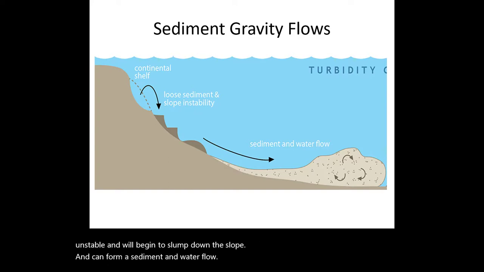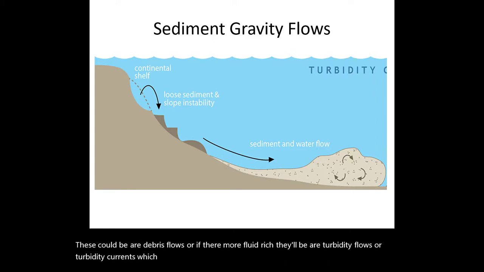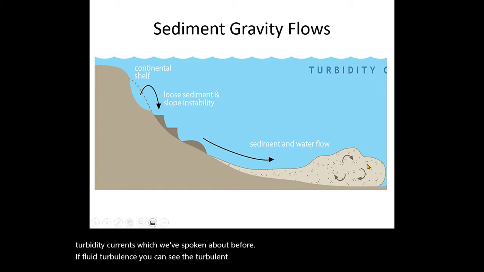These could be our debris flows, or if they're more fluid rich, they'll be our turbidity flows or turbidity currents, which we've spoken about before. If fluid turbulence, you can see the turbulent eddies here, supports the flow, then these are going to be our turbidity currents, and they're going to form turbidites.